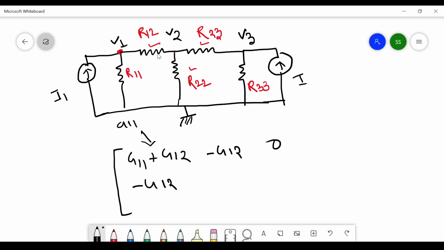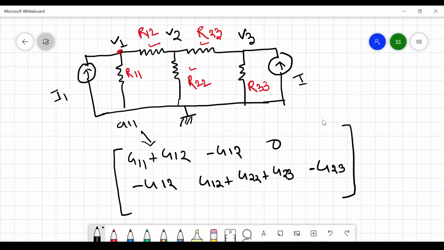A22, that means all the resistance connected in node 2, here G12 plus G22 plus G23, and for 2 and 3 it is G23 and it has to be minus. Okay.